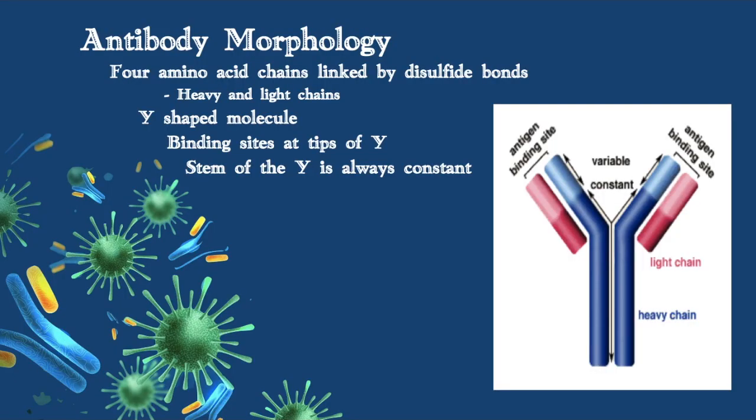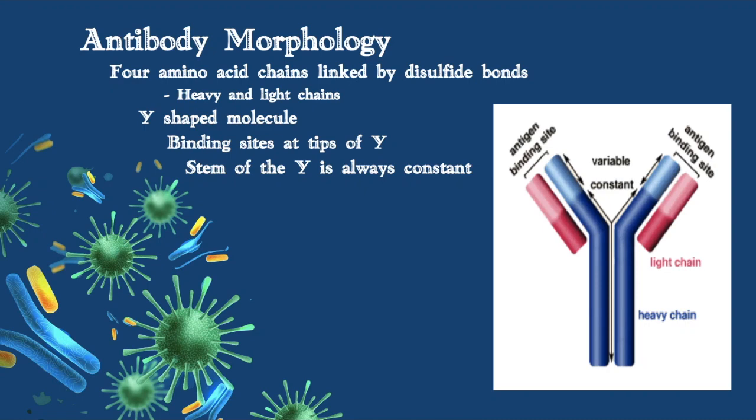And this is what an antibody looks like. An antibody has basically 4 amino acid chains. There are a heavy and light chain, and basically the heavy and light chains will form a Y-shaped molecule. You can see in the picture the heavy chains are in the purple while the light chain is in the pink.